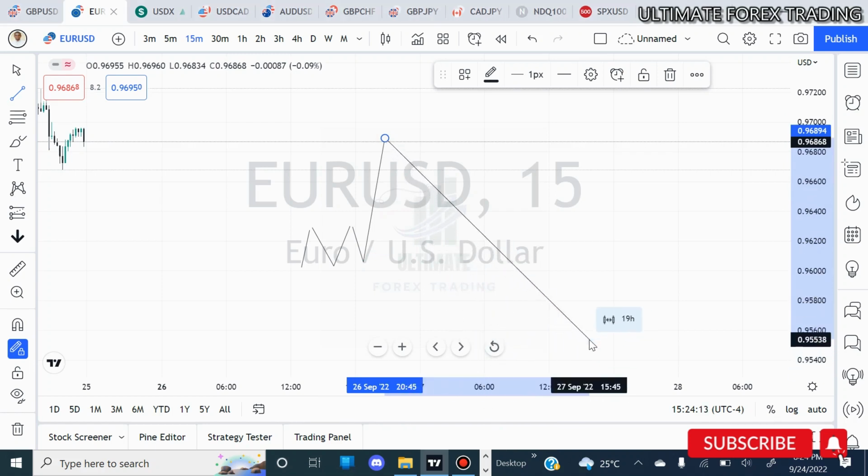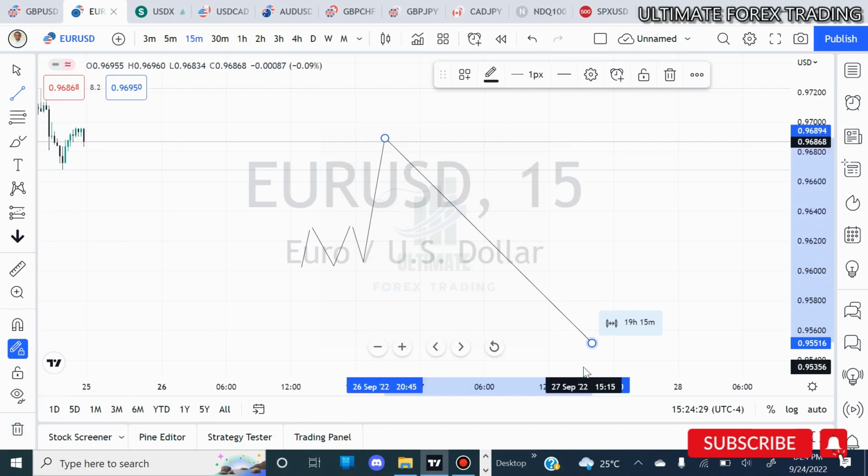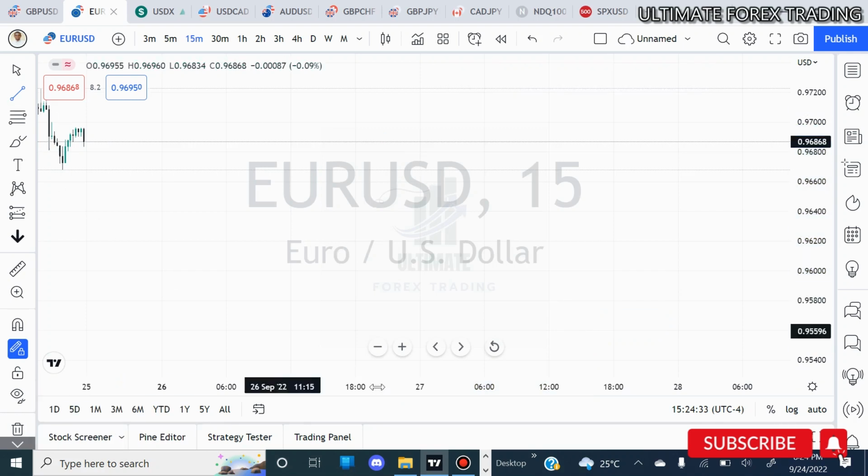I don't know, maybe my manipulation stage is too steep. So this is basically the Power of Three concept. You have a manipulation stage, accumulation stage, and then distribution stage, right? So this is how it looks like.